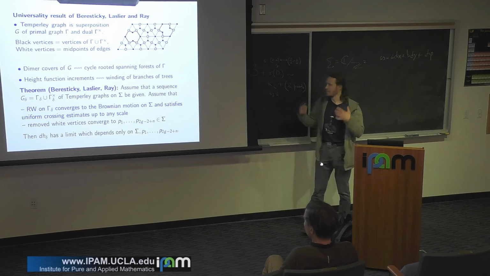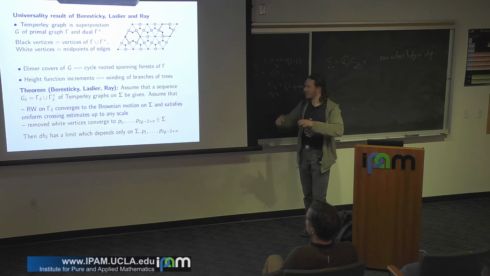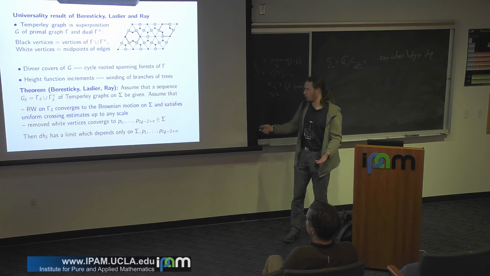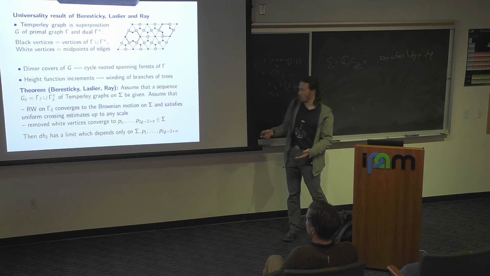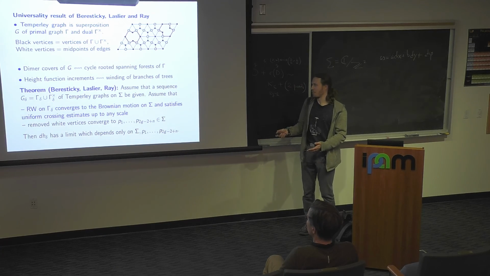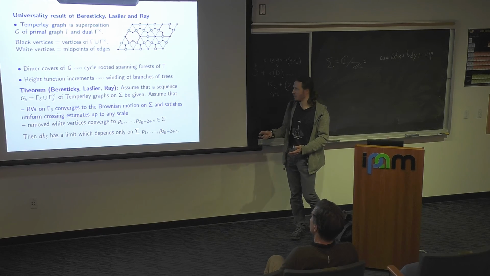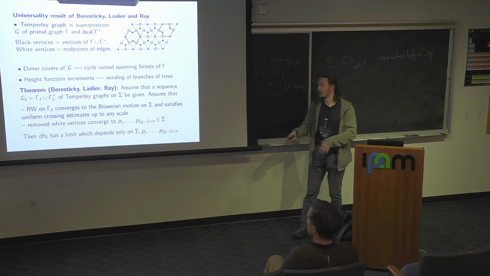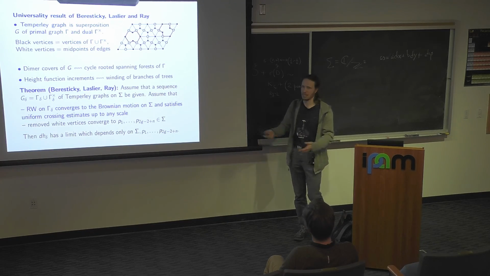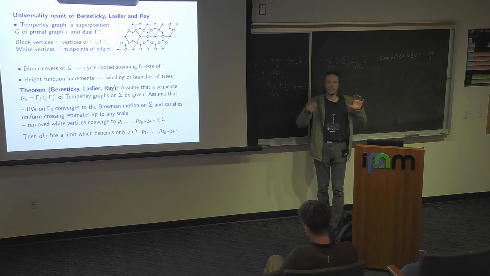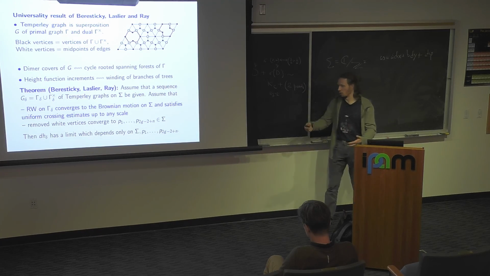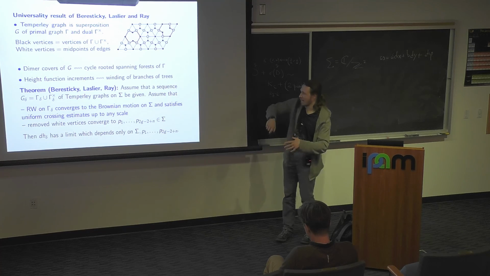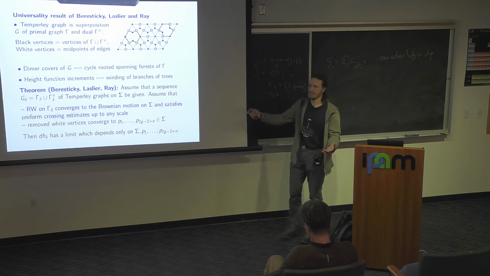And they assume that they approximate the conformal structure of this sigma in the following sense. First of all, the random walk on the primal graph gamma should converge to the Brownian motion and should satisfy uniform crossing estimates up to scale delta, up to any scale. So this is the way the conformal structure of sigma is approximated by these graphs.